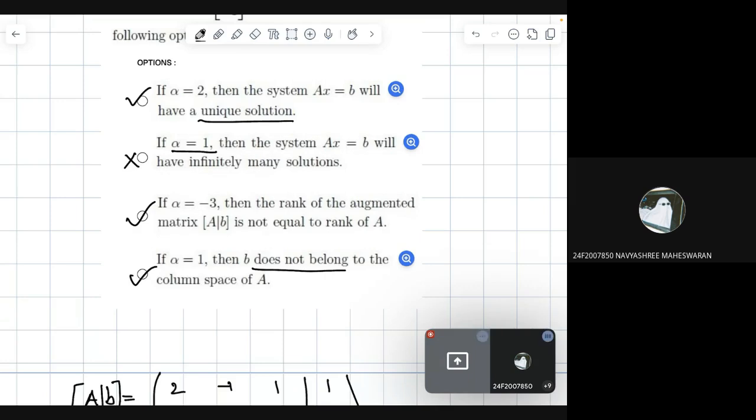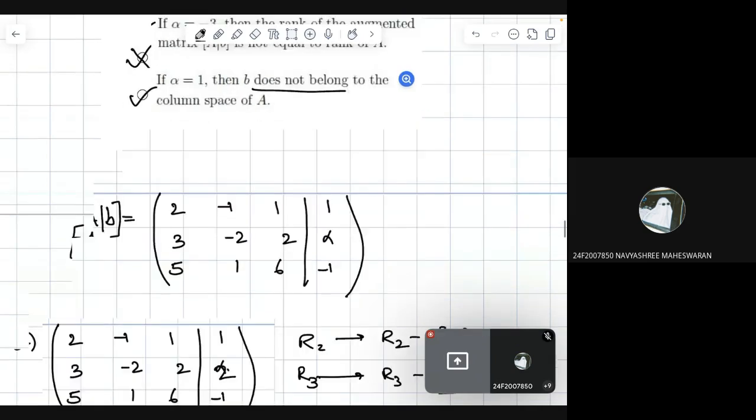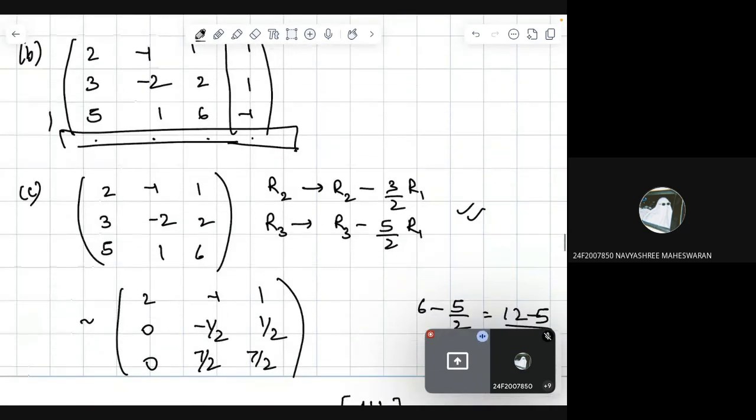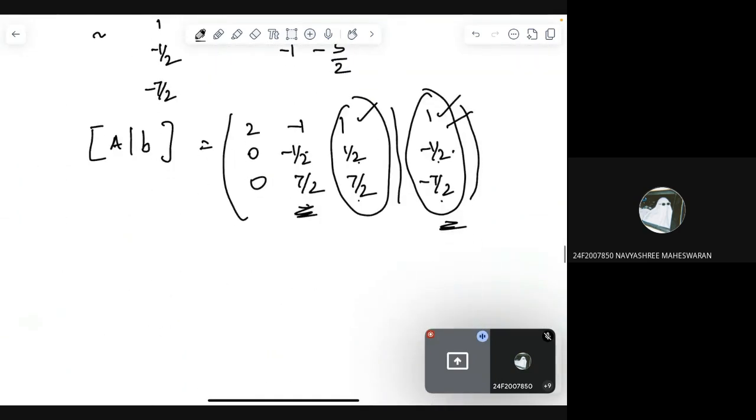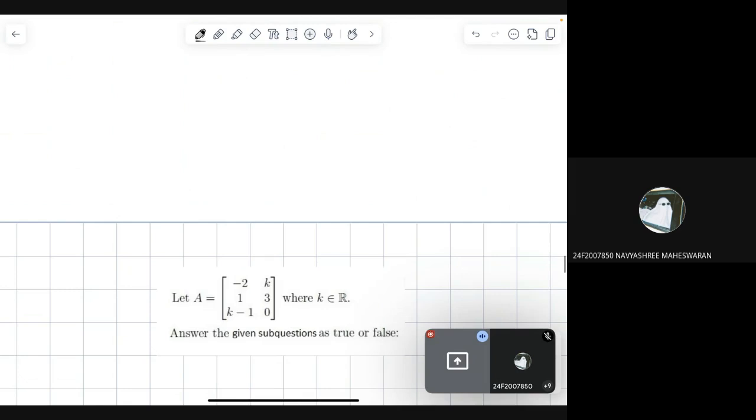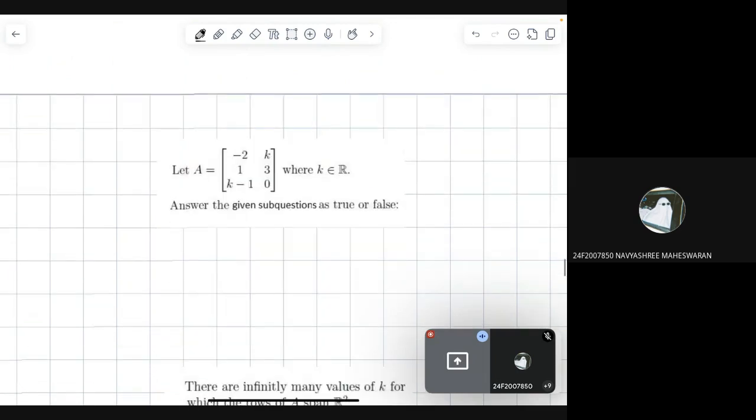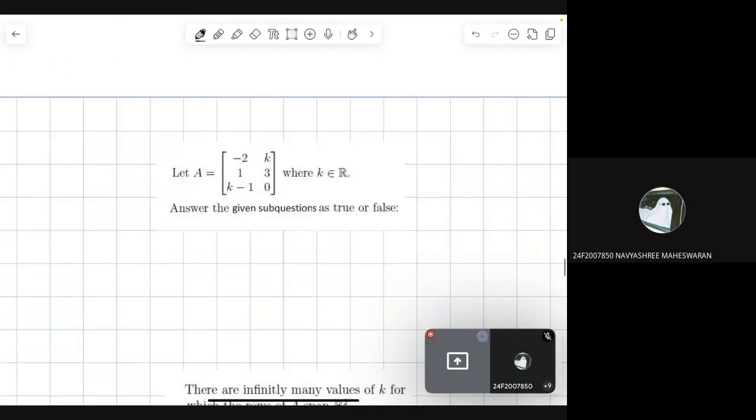And we said the rank of the augmented matrix will also be equal to 3. Sorry, yes, it will be equal. So this option is incorrect. So we did the correct workout, but we misread the question. This happens in exams also, so you have to be careful while attempting questions in the exam. Okay, so now we have matrix A.